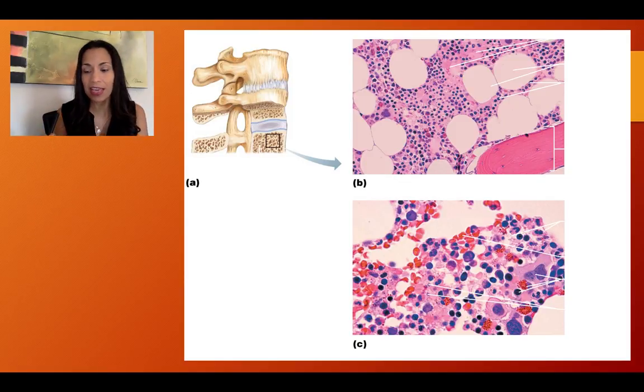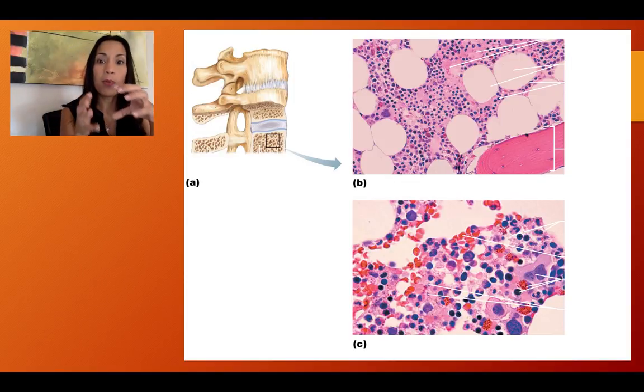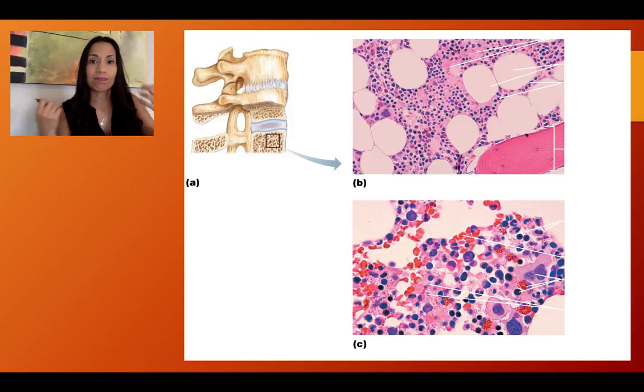Remember we described the medullary cavity and the spongy bone, and in between, in adults, the red bone marrow is located on the spongy bone in the axial skeleton.